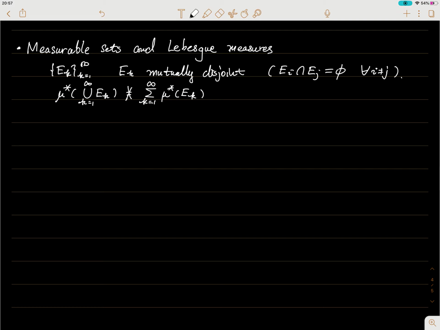Okay, so here's the definition for measurable sets.